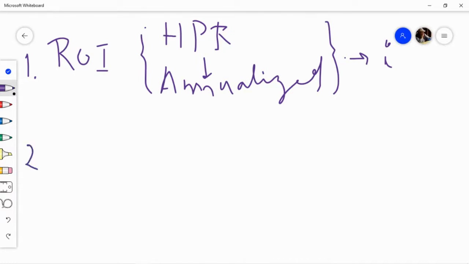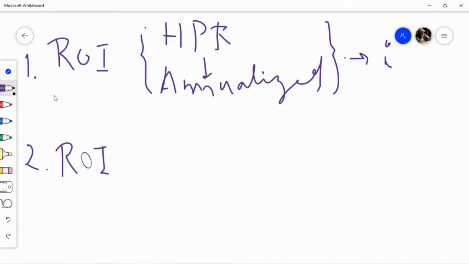Then in topic 2, why did we suddenly start on the financial statements? Because it's still about return on investment, but from the company's perspective.